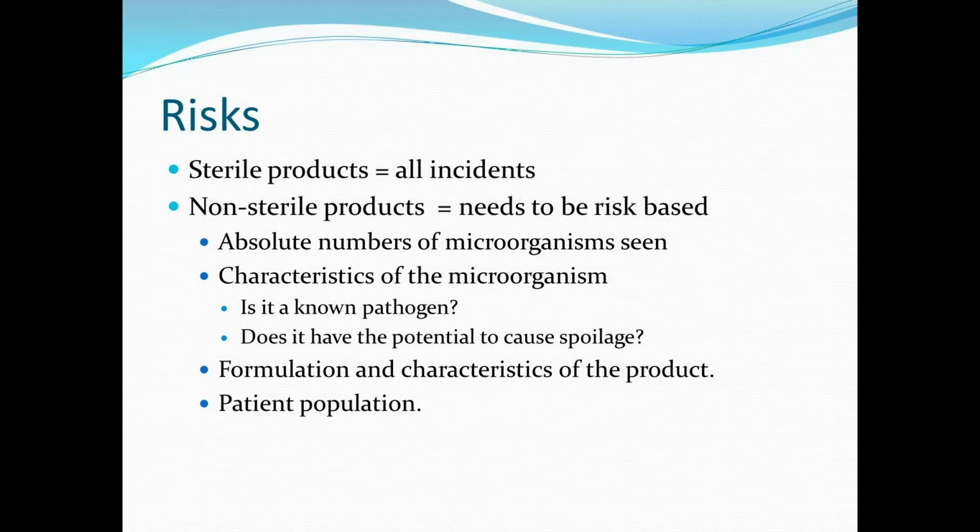And that involves looking at the absolute numbers of microorganisms that are seen, reviewing the characteristics of the microorganism, carrying out literature reviews to ascertain whether the microorganism is a known pathogen, evaluating whether that microorganism has the potential to cause spoilage, then assessing the formulation and characteristics of the product, and then risk reviewing the patient population.